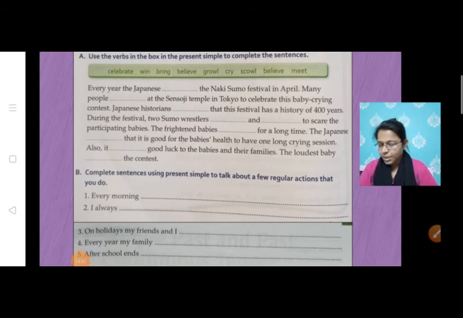Exercise B. Complete sentences using present simple to talk about a few regular actions that you do. So here students, you have to carry out this exercise by yourself, although I would be giving you the sample answers right now, but if you want, you can write the answers by yourself.